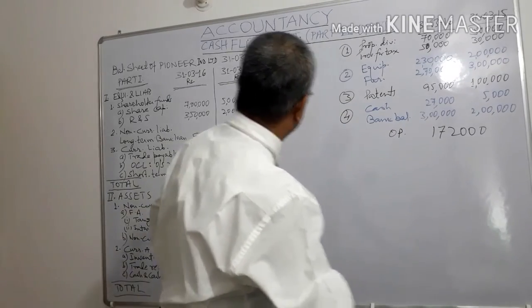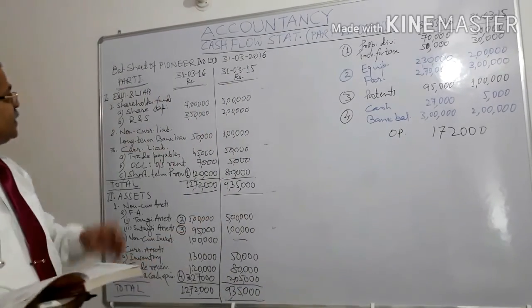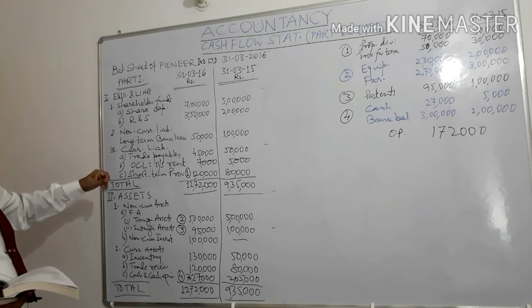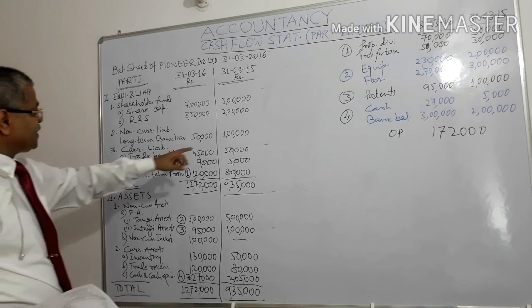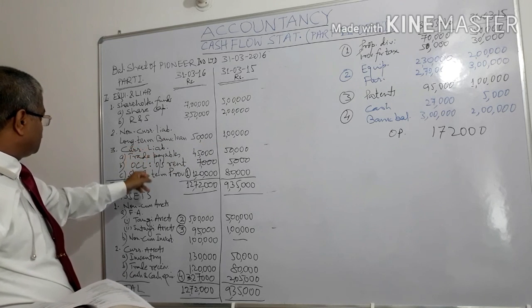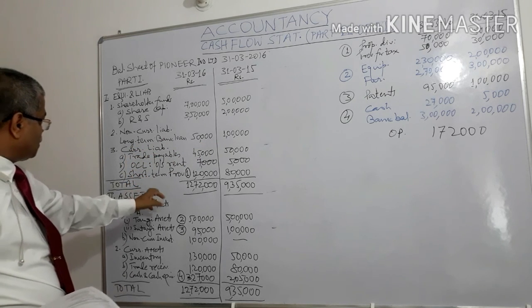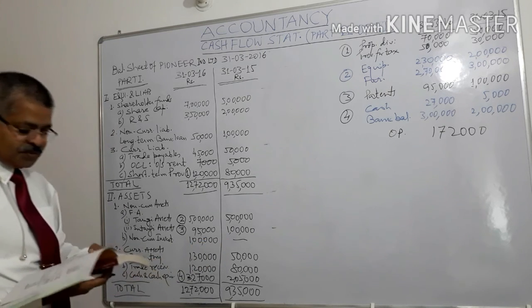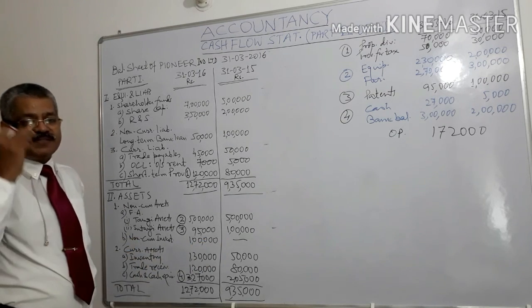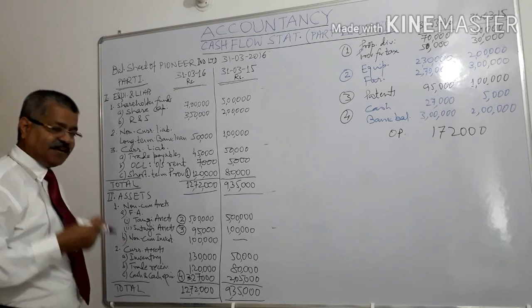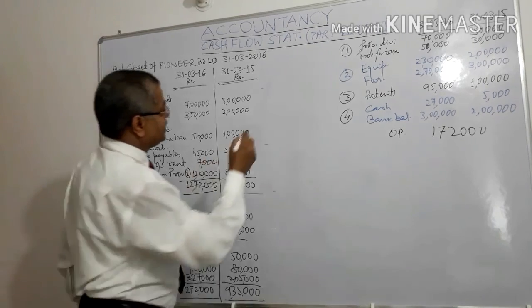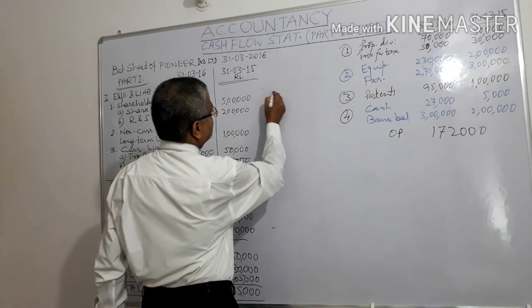Now we will do for investing activity, right? So how do we get at investing activity? Here you will find investing activity. First item is non-current asset of 100,000, right? So when we have invested in non-current asset, that is investing activity, but that is outflow.